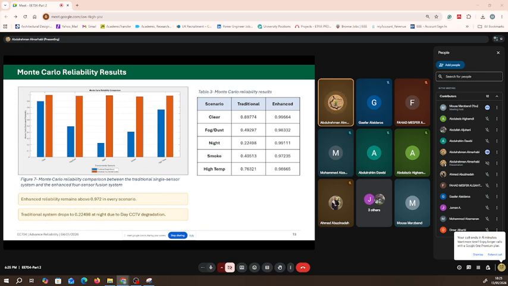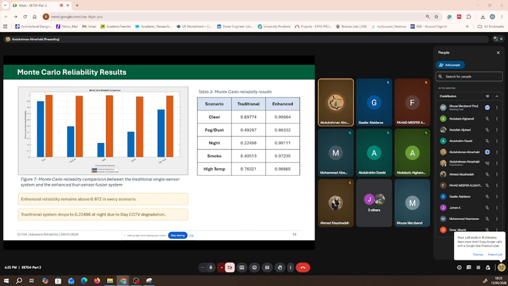This slide presents the main reliability result. Under clear condition, the traditional system reliability is 0.89, while the enhanced system reliability is 0.99. Under the fog or dust scenario, the traditional system drops to 0.49, but the enhanced system remains high at 0.98.